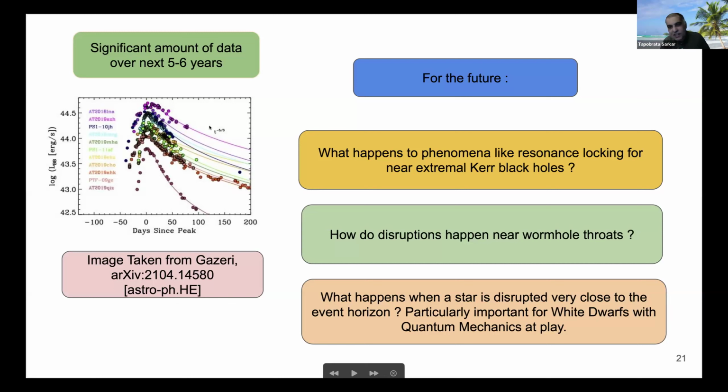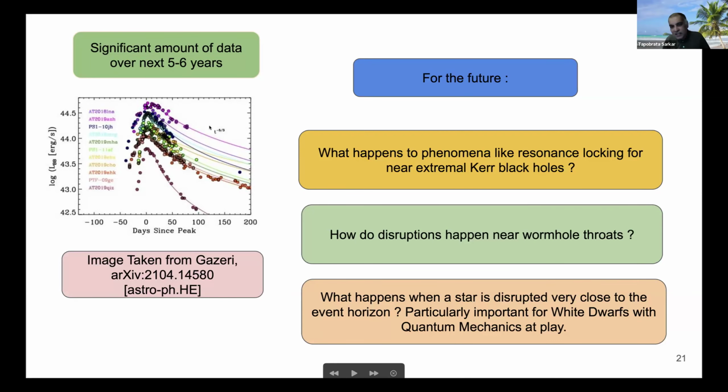That is, the orbit settles down to a circular one. That's why you find that mostly planets in the solar system are close to circular orbits. So how does this phenomenon happen when you have frame dragging?